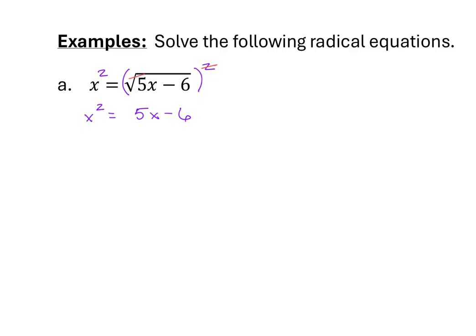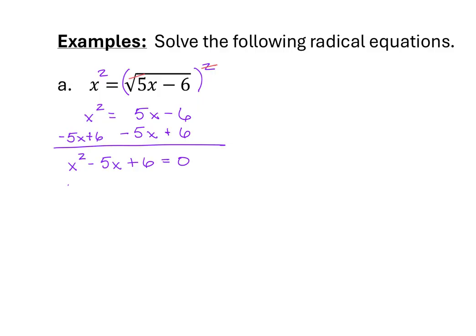Again, our basic techniques are linear or quadratic. Here, because this is a quadratic equation, we have an x squared, so we want to get everything on one side of the equation. I'm going to move everything to the left, and if we do that, we get x squared minus 5x plus 6 equals 0.